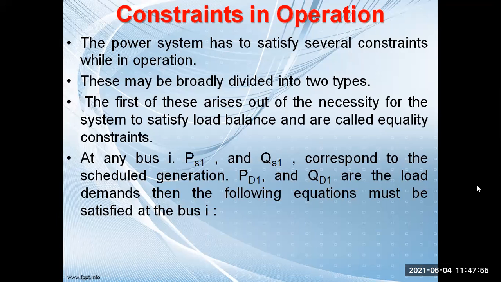So what are the constraints? When we are performing economic operation of power system or economic load dispatch, there are certain constraints out there. Constraints means we have to satisfy those boundary conditions. If you categorize them, there are two types of constraints of the operation.